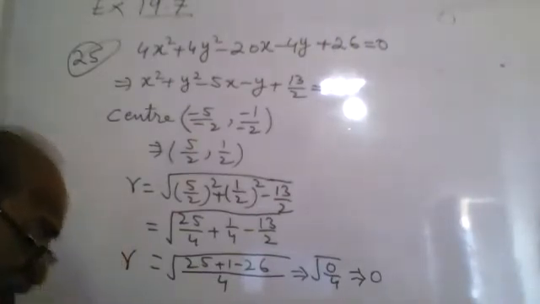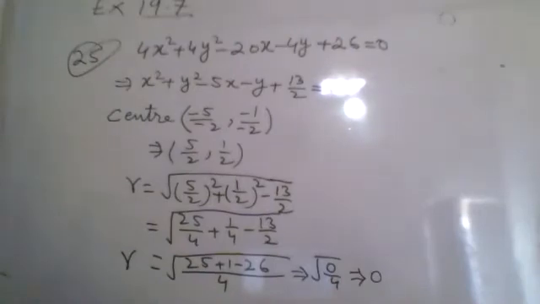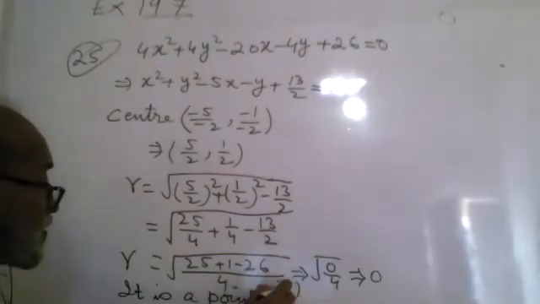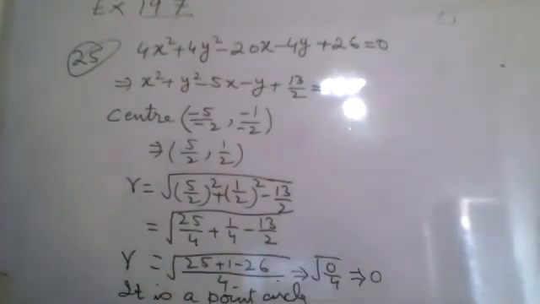Question number 26. Understood this one? When R is 0, it is a point circle.